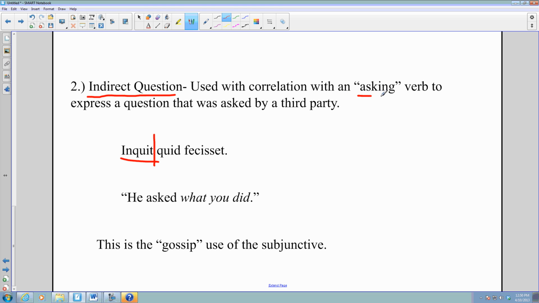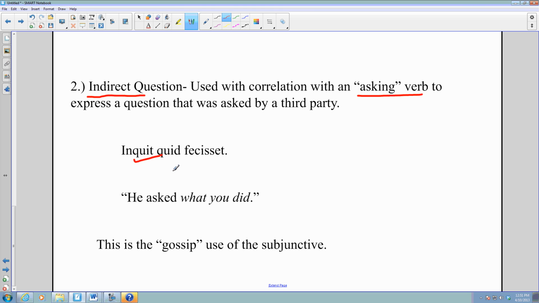So you're going to have a verb of asking, and then you're going to have somebody repeating a question that a third party asked before. So in this case, the question that was originally asked was, what did you do? And so I'm repeating that question to someone else.